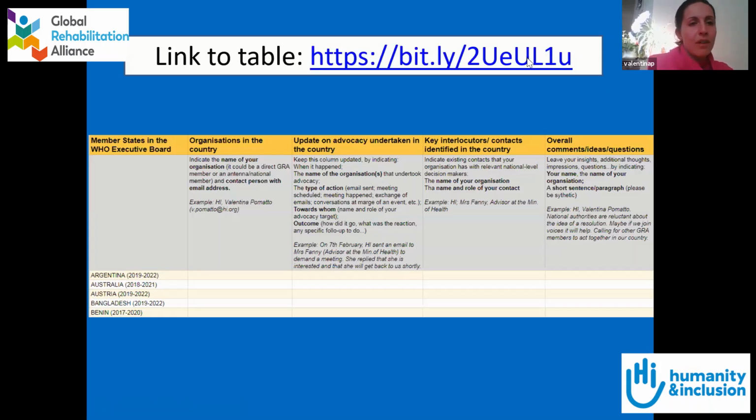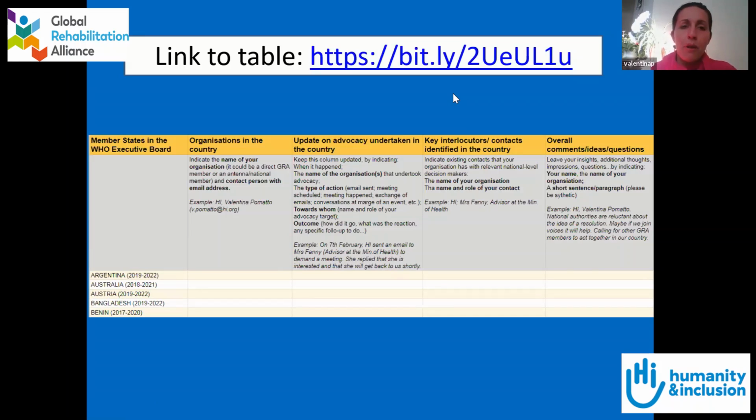HI puts the name there, but maybe there's also the Association of Physical Therapists that is present in the country. They put it in the table, and this would facilitate contacts. The idea is really to have as much as possible, and in countries where there is the opportunity, joint advocacy efforts within the GRA at least. But of course, also external partnerships are encouraged.